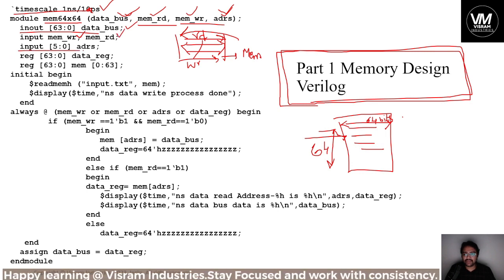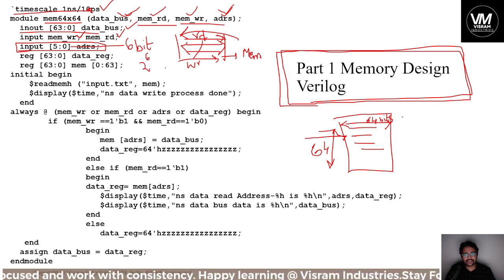And the inputs are the memory read command and the memory write command. Now the input address locations: [5:0]. Why? Because it is a 6-bit address input. If it is 6 bits, 2 power 6 is equal to 64 registers. That is the reason.